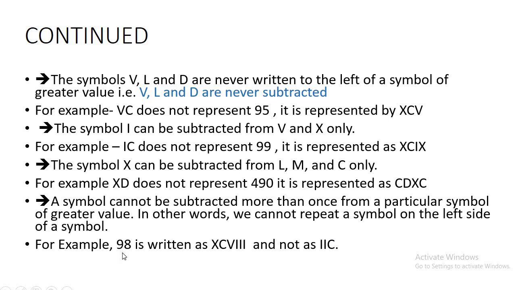In order to represent 98, we have to break it as 90 plus 8. As we have seen in earlier examples, 90 is represented by XC and 8 is represented as VIII. V represents 5 and I is here 3 times. As we can see, I can come after the larger symbol 3 times or 2 times, but it can never come before the larger symbol more than 1 time.